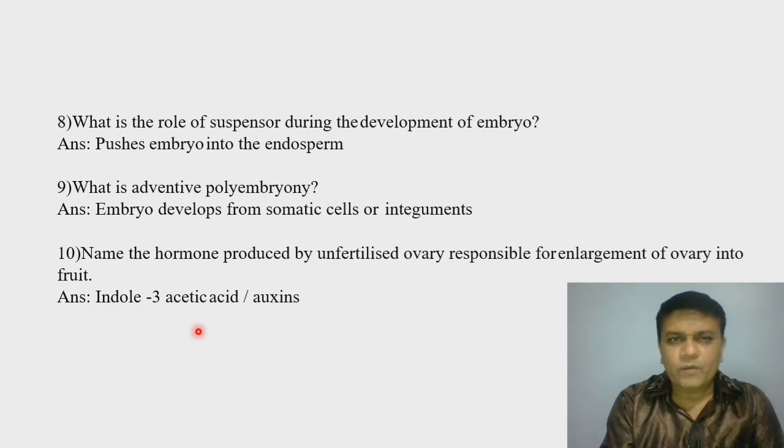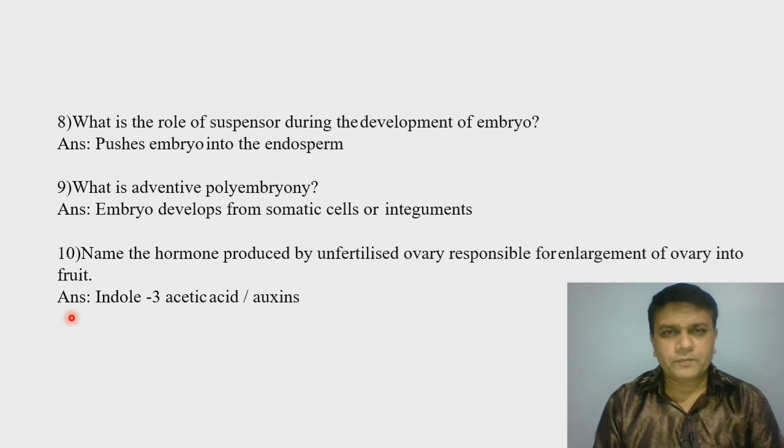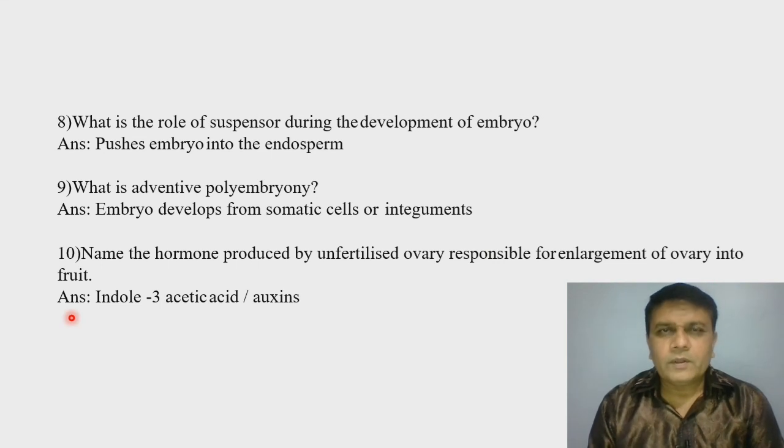It is a type of auxin. So this hormone produces fruit without fertilization.